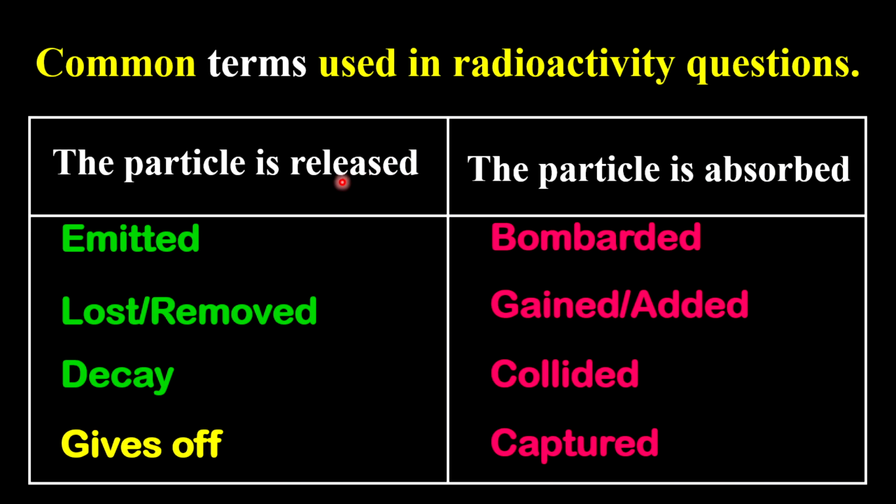So in questions relating to the releasing of radioactive particles, you may see the words emit, lost or removed, decay, or given off. Make sure you look out for these terms, because sometimes the wording of the question may play a trick on your mind. When they talk about absorption, they may use the words bombarded, gained, added, collide, and even capture. So look out for those terminologies.